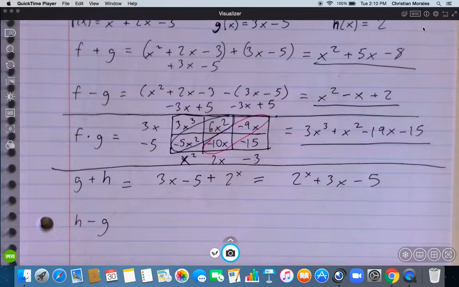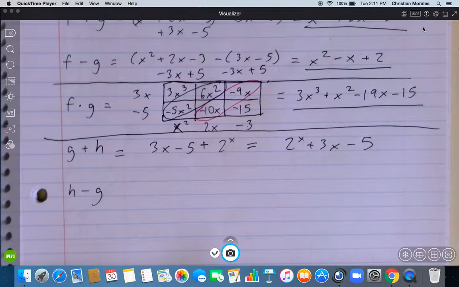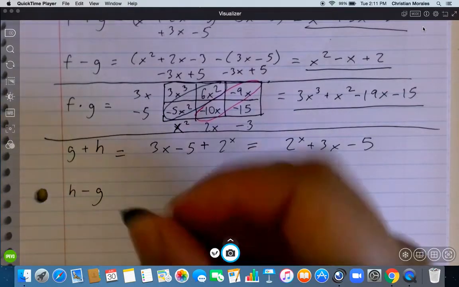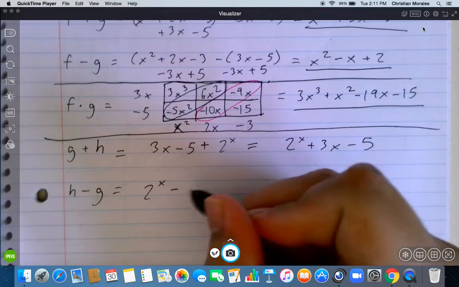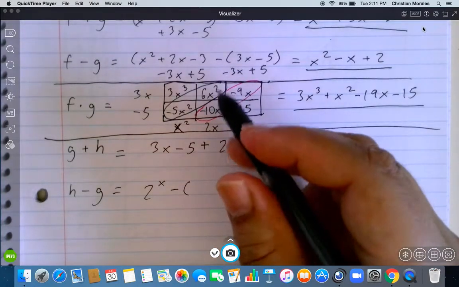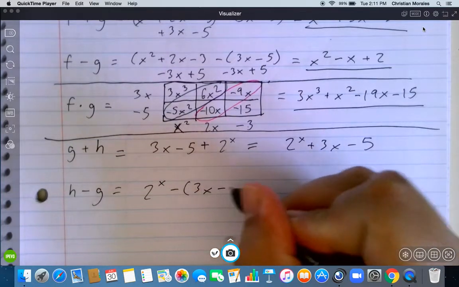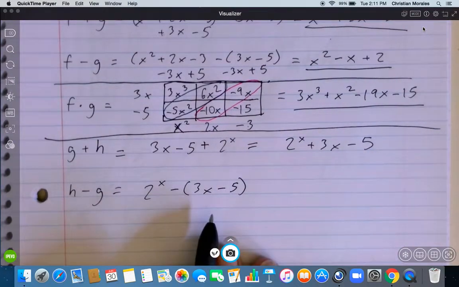All right, let's do one more subtraction. And I hope you can tell what's going to happen here, because what we have here is 2 to the x minus 3x minus 5. Now, I know they're not going to subtract, but you don't leave it this way.